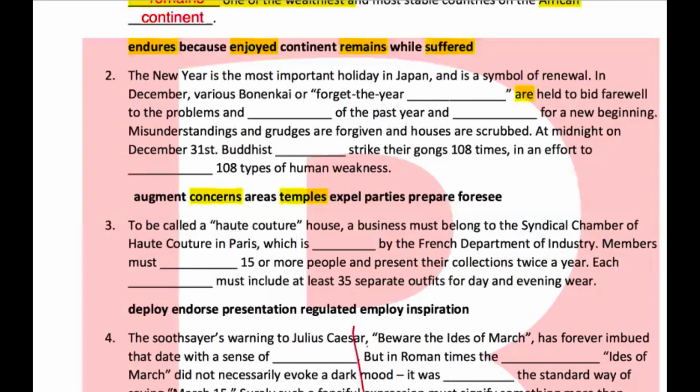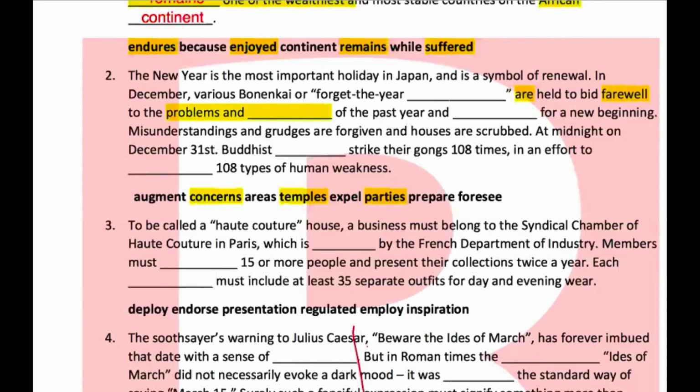Concerns, temples, and parties. Now, out of all these 3 words which are in plural form, which can be held? Temples cannot be held. Concerns cannot be held. It's only the parties that can be held, and it's related to farewell as well. So party is the only word which is related to farewell and held, and it's also in plural form. That's why that's our answer.